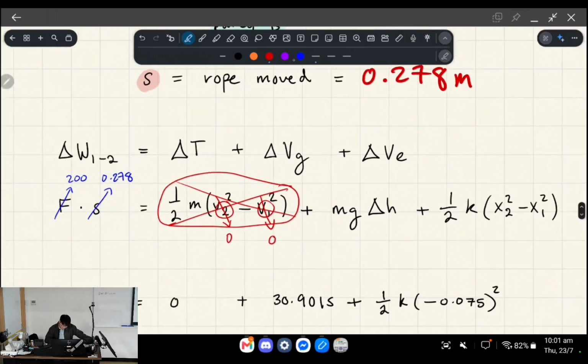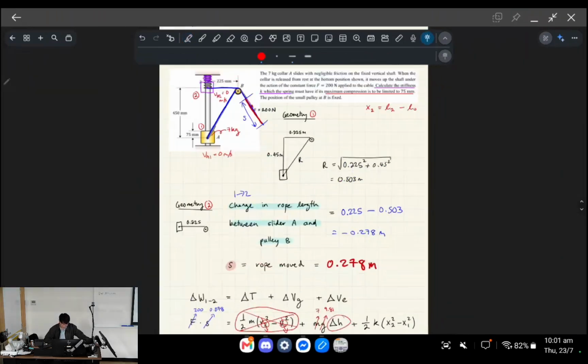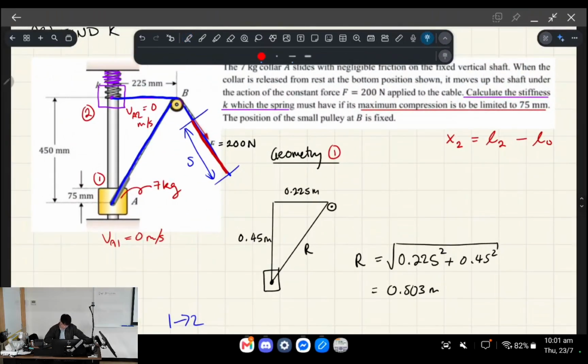Okay, next is gravitational potential energy. So here's where we can plug in the collar's mass, so 7 kilograms multiplied by gravity. Delta H is the change in height relative to some datum.